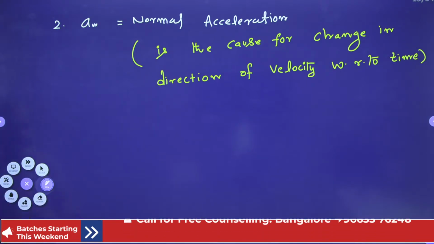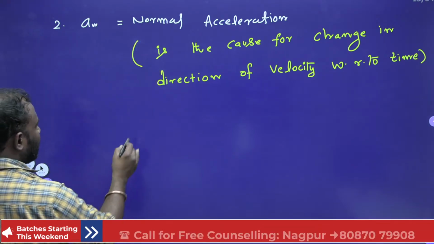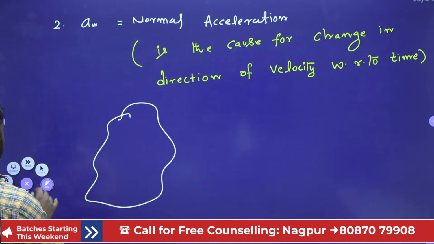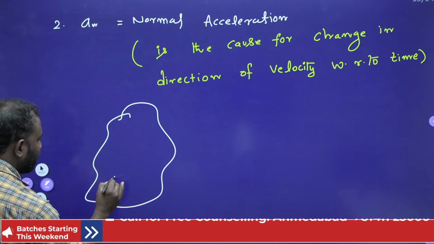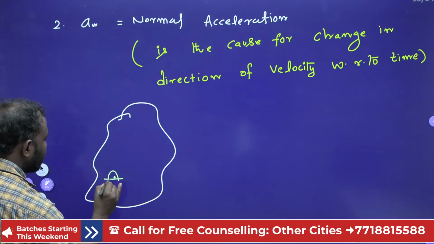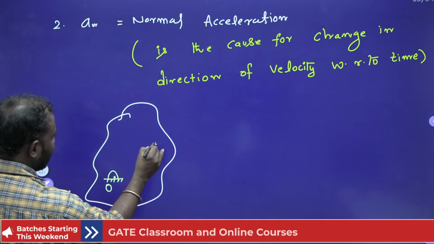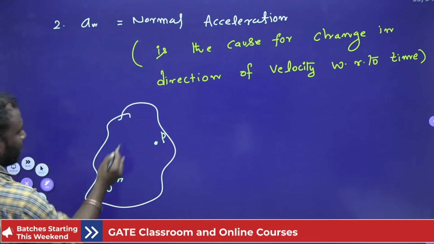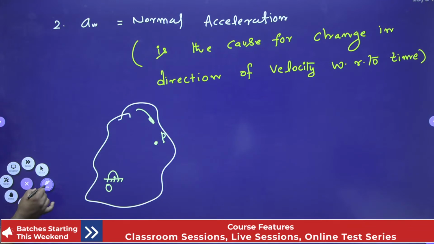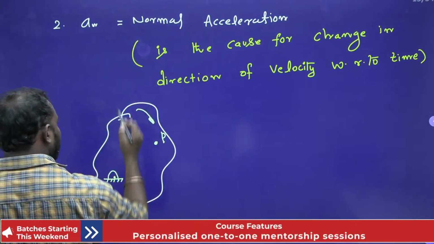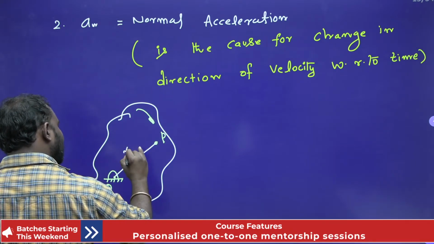Now here let's fix the directions of AN and AT, because these are also vector quantities, right. Now here I am considering one body, hinged at point O. I am taking a particle P on it, and this body is rotating clockwise. I join OP, and call it RP.